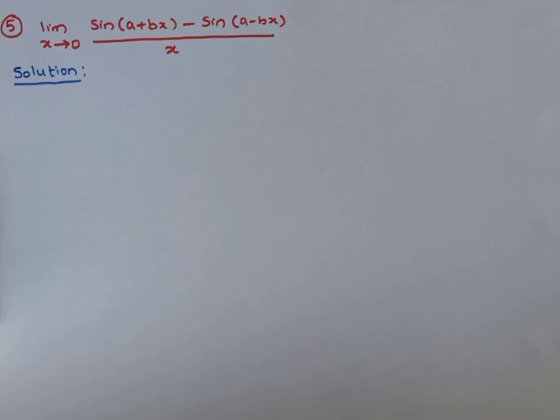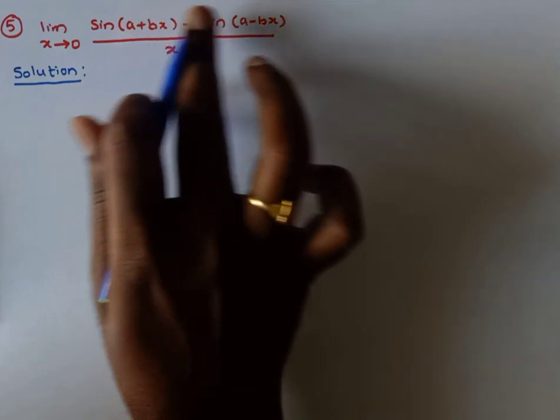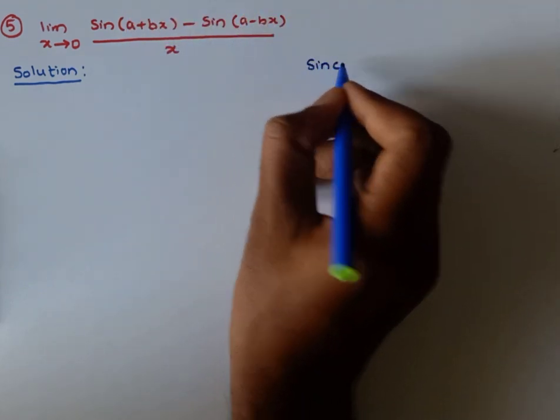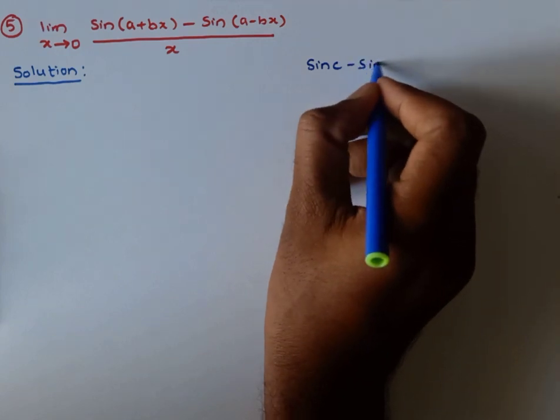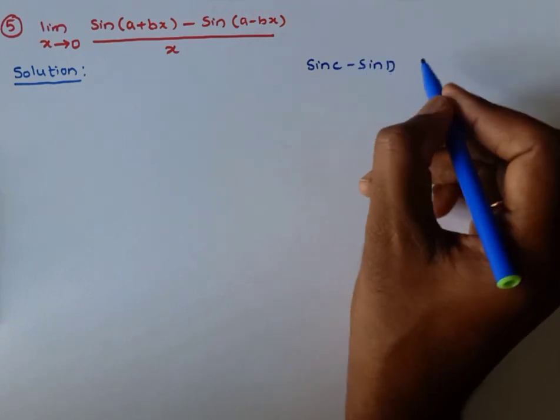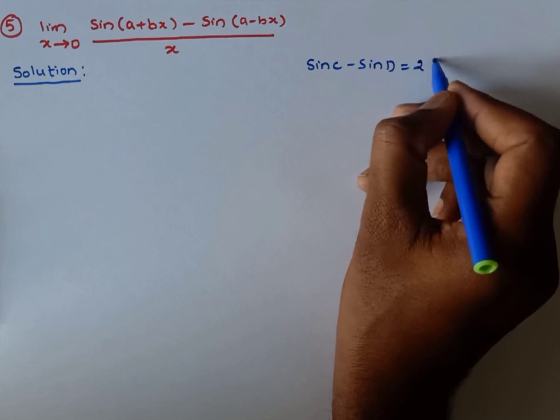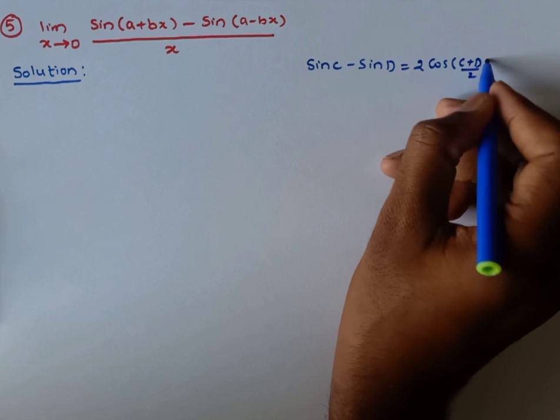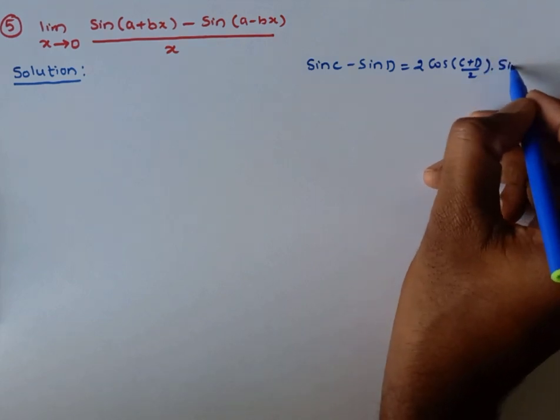So directly we need to recall some formulae from transformations of trigonometric ratios. Let this be c and this be d. We have a formula, sin c minus sin d is equal to 2 into cos of c plus d by 2 into sin of c minus d by 2.